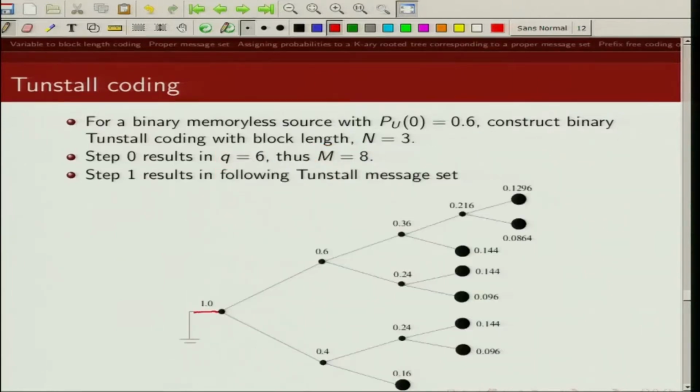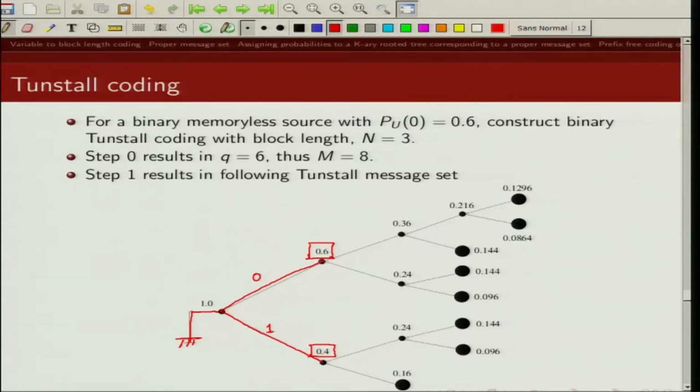So this is a rooted tree, and that's the root. What I have here at this point is an extended root. The probability of 0 is 0.6, that's given by this, and the probability of 1 is given by this.